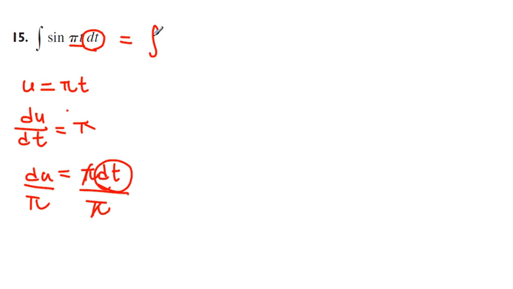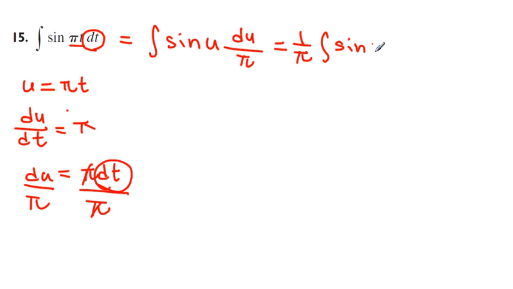Here sine of pi t becomes simply sine of u, and in place of dt, we have du over pi. Now, for simplicity's sake, we can bring out 1 over pi to the front. Any constant, we can bring to the front. And sine of u du. Now, what is the antiderivative of sine of u?